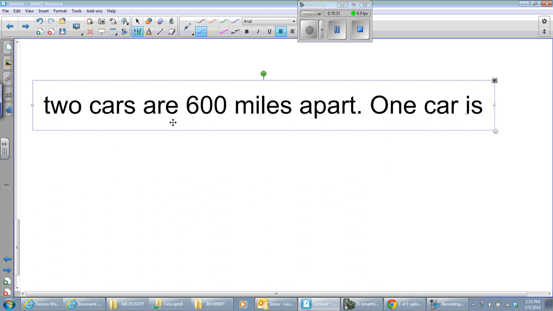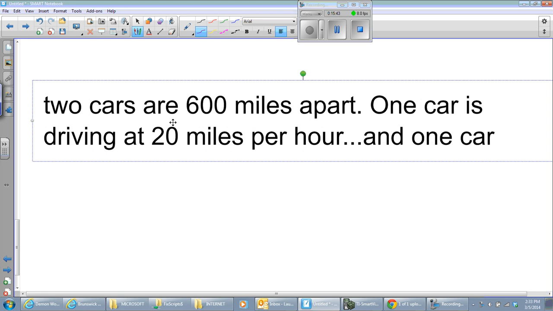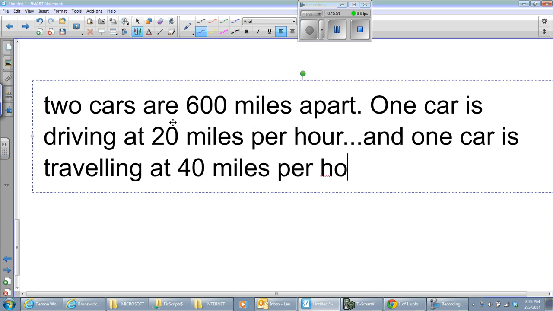One car is driving at 20 miles per hour, and one car is traveling at 40 miles per hour. How long will it take before the two cars collide, assuming they're on the same stretch of road heading toward each other? I'm going to use D equals RT.